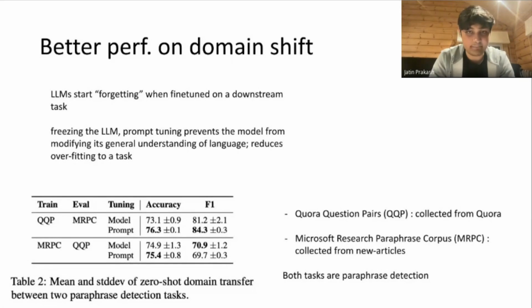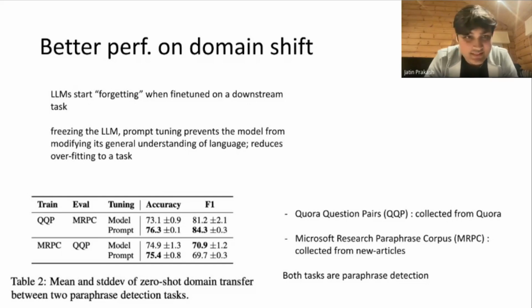MRPC is the Microsoft Research Paraphrase Corpus. We first prompt tune as well as fine tune the T5 model on this data set, and there the fine tuning attains 71.3, the prompt tuning attains 76.3.